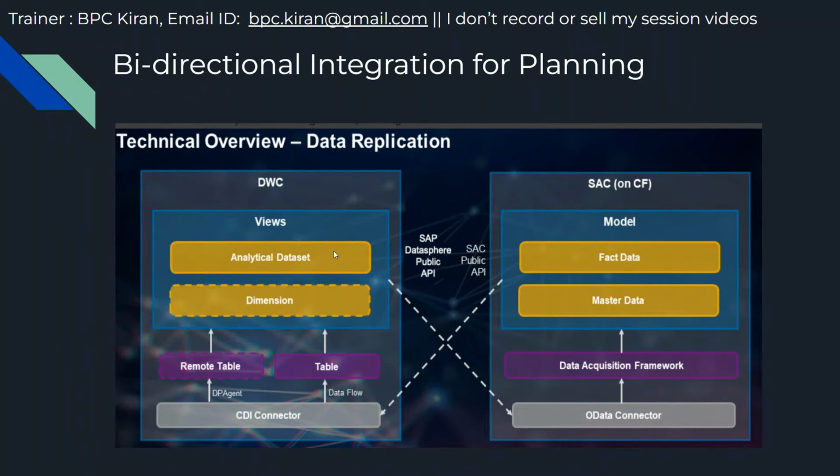From this analytical model, I can move the data to SAC using an OData connector. This OData connector we are going to create in SAC. We create one OData connection, and using that connection, we are going to call this analytical model and pull the data.